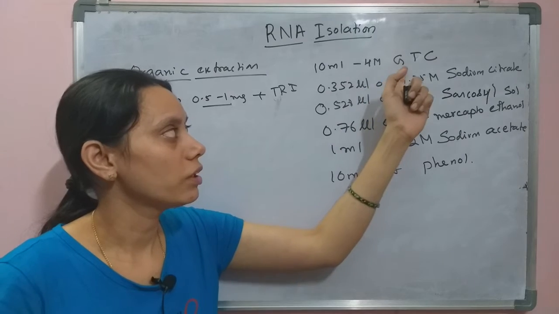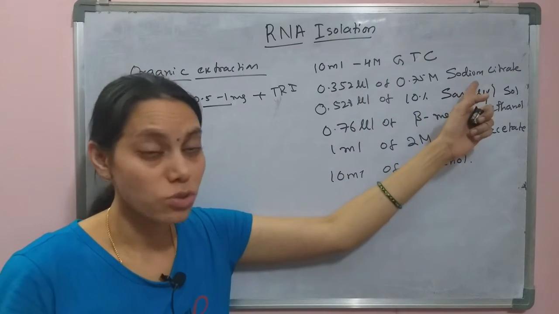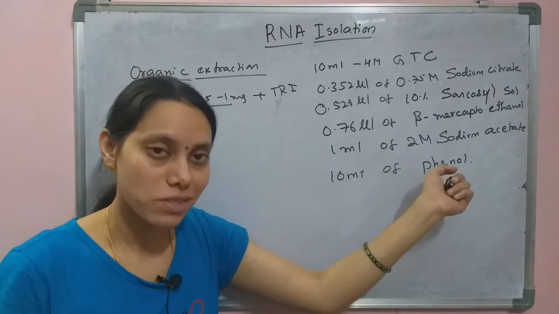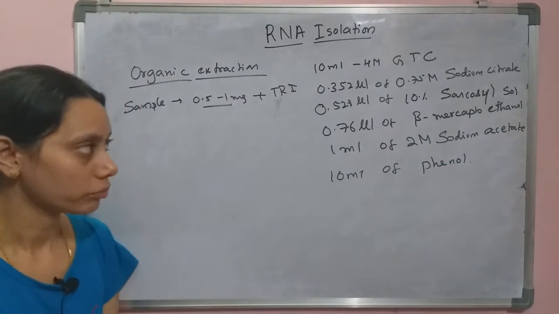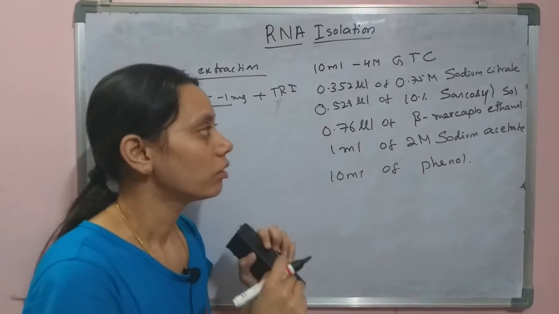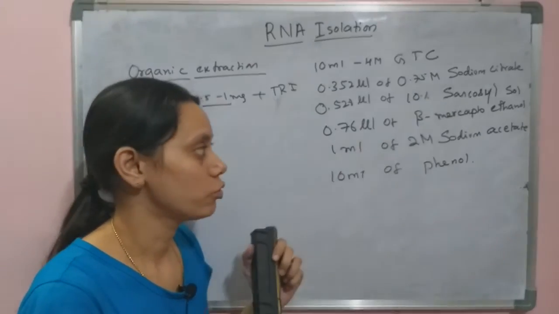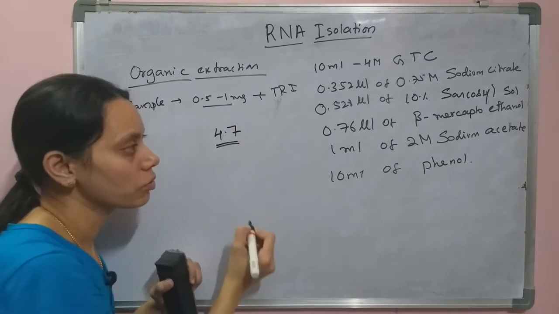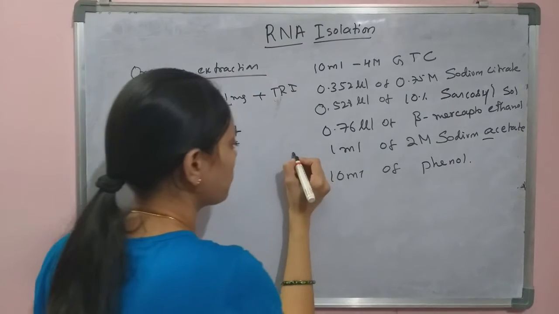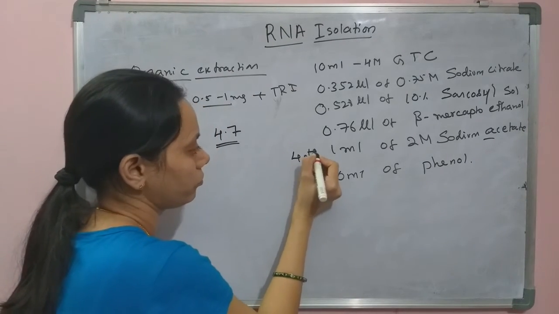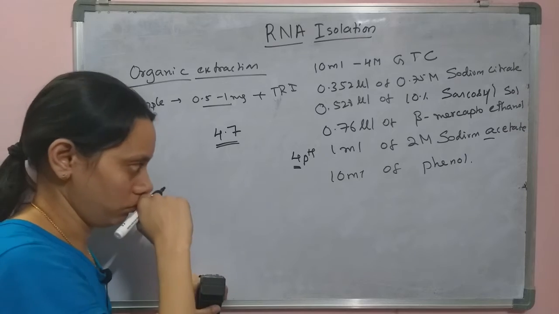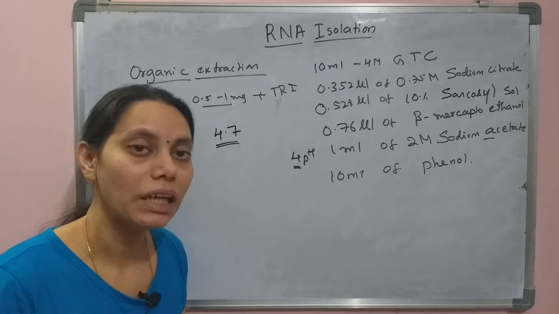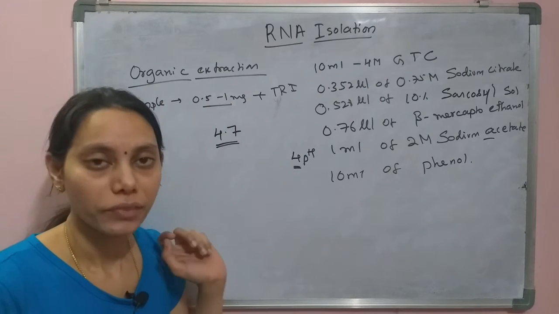We are going to use guanidinium thiocyanate, sodium citrate, sarcosyl solution, mercaptoethanol, sodium acetate, followed by phenol. The pH of this solution is nearly 4.7 due to the sodium acetate. Because of this acidic pH, DNases will also be degraded in this step.